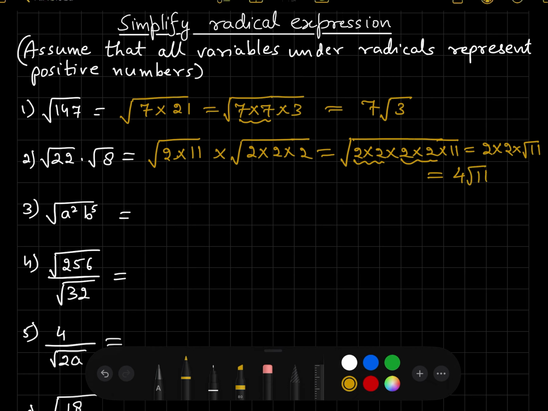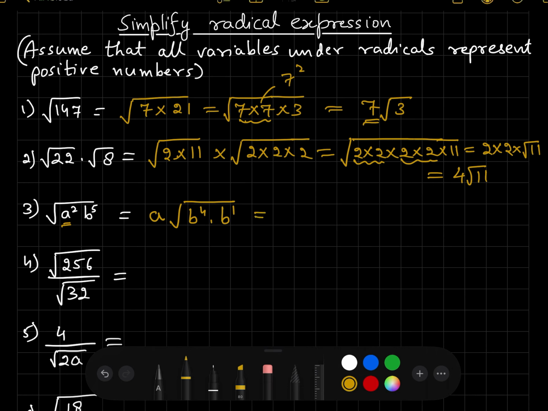Let us do the next. It is a squared. Now I think you can understand: since it was 7 squared, I took one 7 out. Now since this is a squared, I can directly take a out, and b raised to 5 I can write as b raised to 4 times b raised to 1.